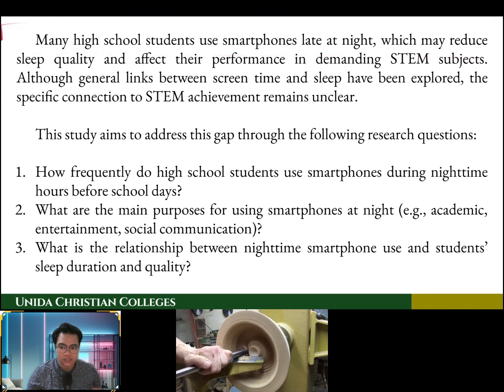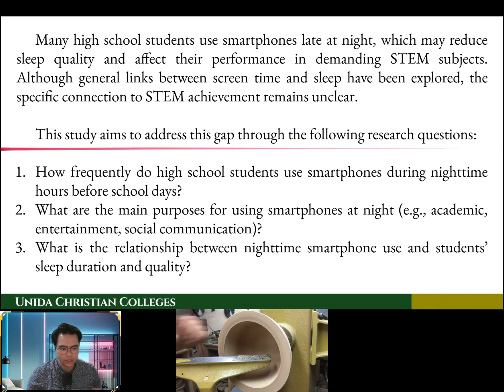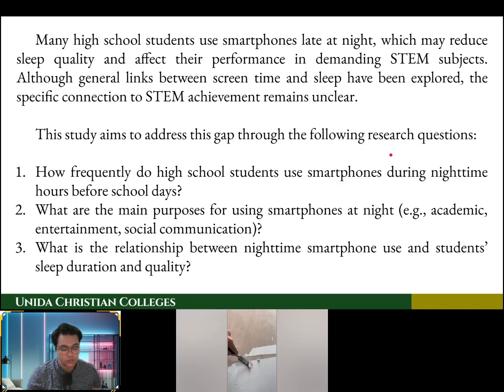So of course, this is the statement of the problem. Ayan. So this is the first part, which is our sort of our stem, or our paragraph giving our general topic. Ayan po. And then we have our research questions. So research questions here: how frequently do high school students use smartphones during nighttime?